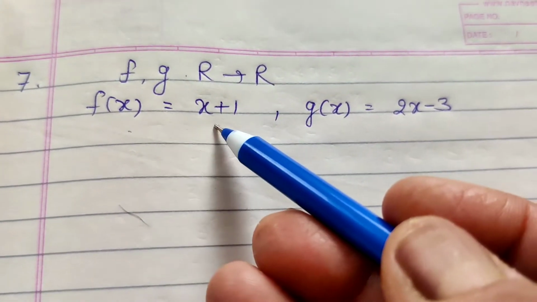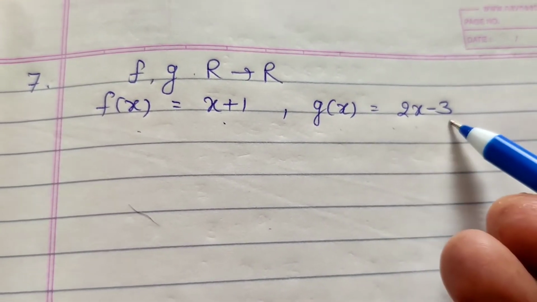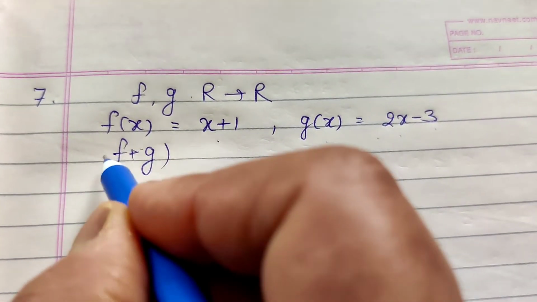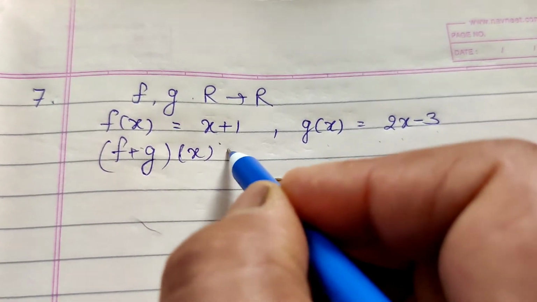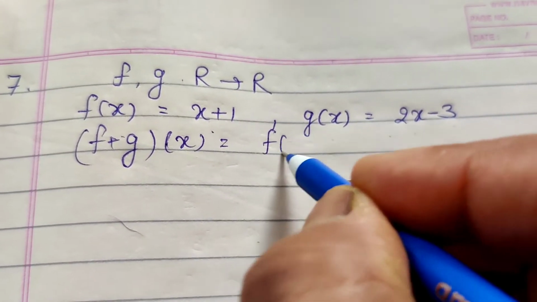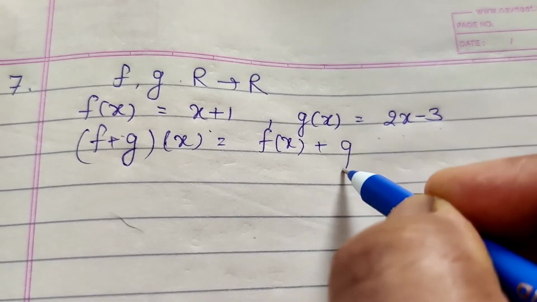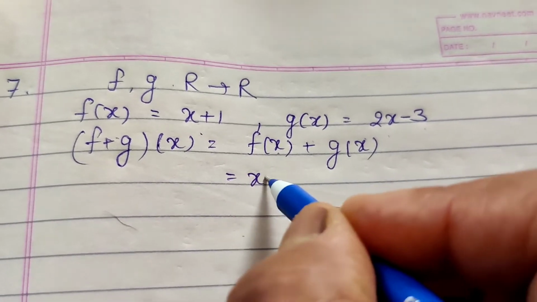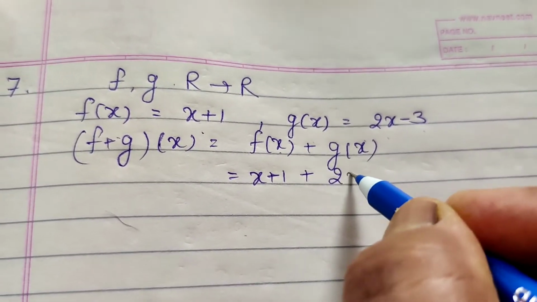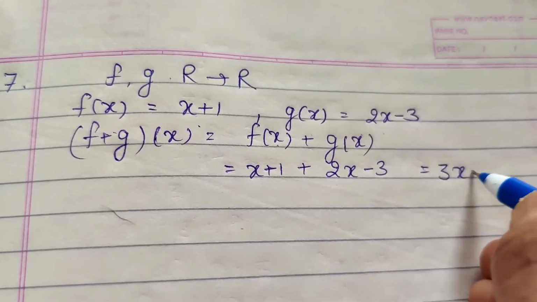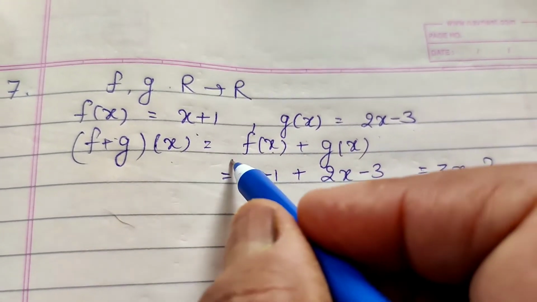We have to find f plus g. f plus g of x, so we can write f(x) plus g(x). Now f(x) is x plus 1 and g(x) is 2x minus 3. The value is 3x minus 2. This is f plus g of x.